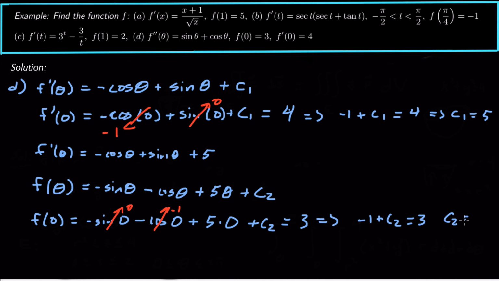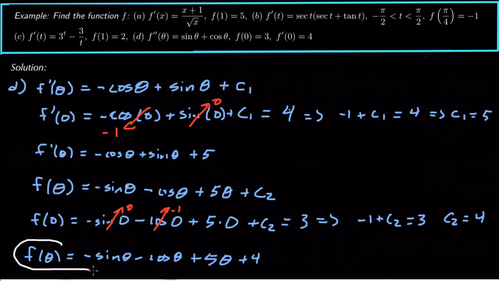So c2 equals 4. So that tells me f of theta is going to be negative sine theta minus cosine of theta plus 5 theta plus 4 is f of theta. And that is our solution for part D.